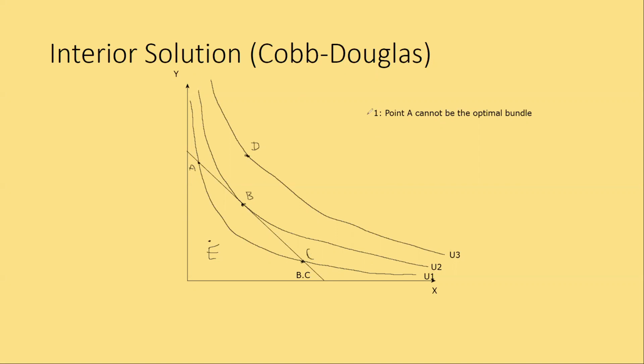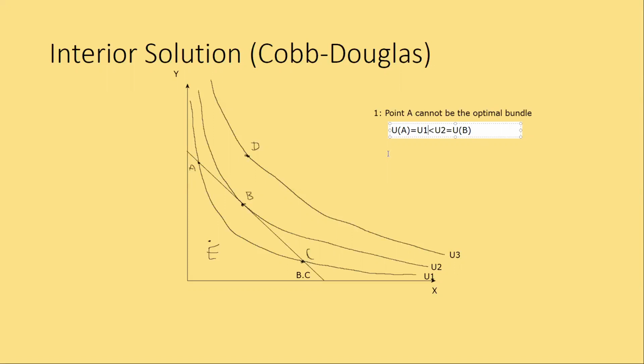So we know that your level of utility from consuming bundle A is U1. We also know that U1 is smaller than U2, because U2 is a higher indifference curve than U1. And we also know that the utility of consuming bundle B is U2, because the consumption bundle B is on the indifference curve U2.